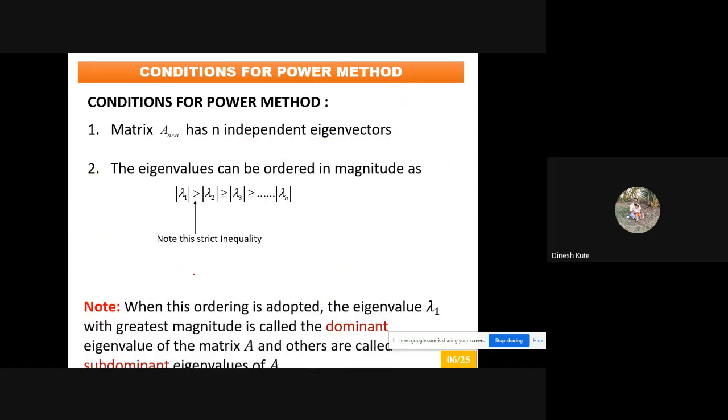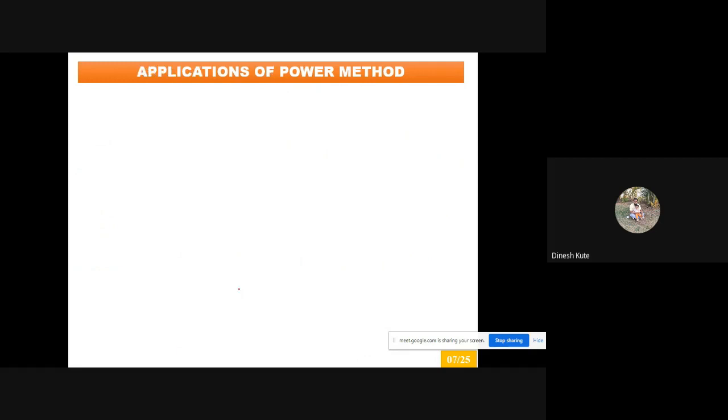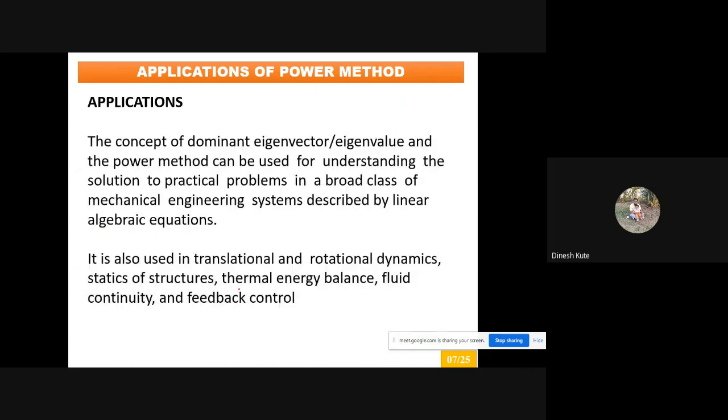Here, this largest eigenvalue is called the dominant eigenvalue, and the other eigenvalues are called the subdominant eigenvalues of the given matrix. These are the conditions to apply the power method. This power method also has some applications in the engineering domain. I have collected one or two applications.